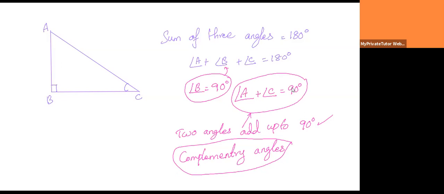In this right angle triangle, one angle is 90 degrees, which means the other two angles, angle A and angle C, are complementary angles because their sum is 90 degrees.